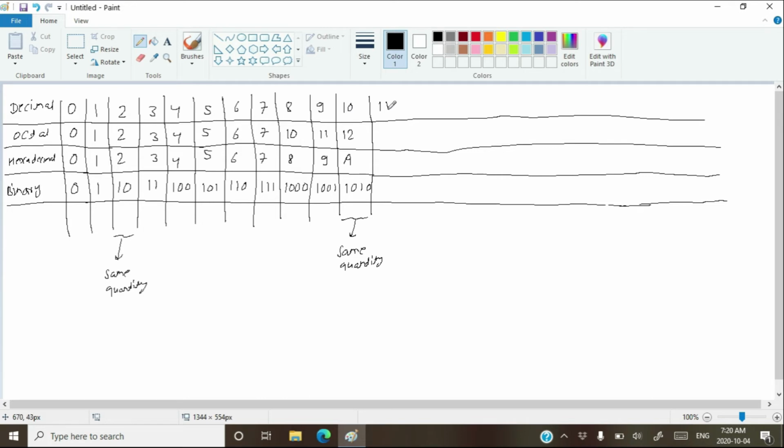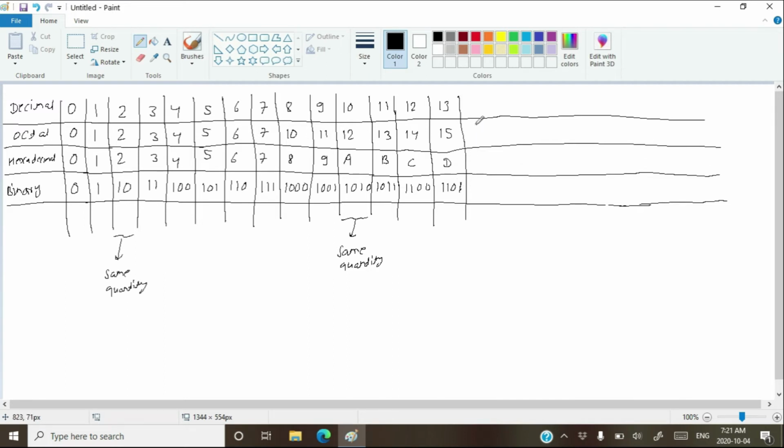Then after that you have 11, here you have 13, here you have B, and here you have 1011. After that you have 12, here you have 14, here you have C, here you have 1100. After that in decimal you have 13, in octal it comes 15, here it is D, and here it is 1101.